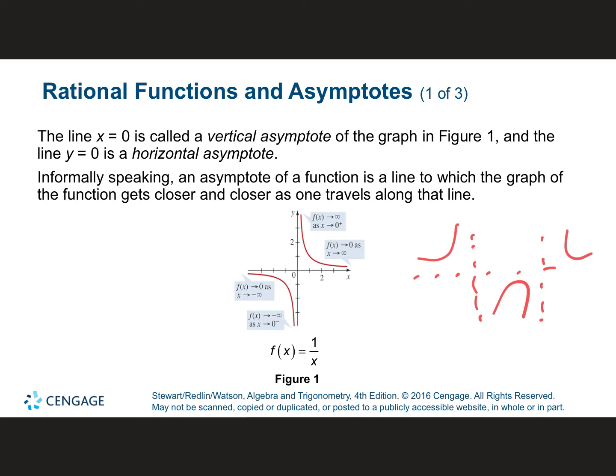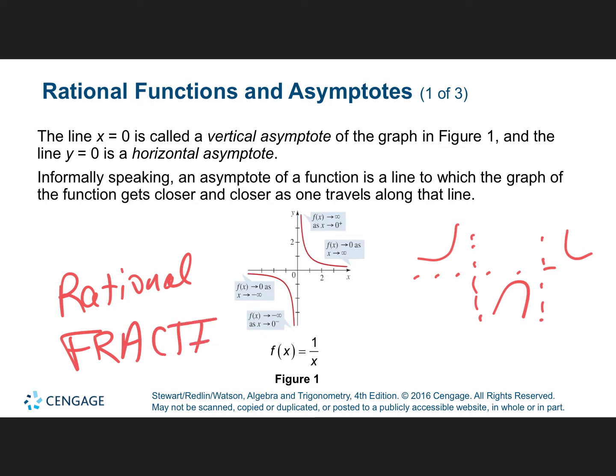It's boundaries that your graph gets close to but doesn't touch. It's where values of the function don't exist. But a rational function is just a grown-up fraction. They're fractions. It's a polynomial divided by a polynomial. That's it. They're going to look a little intimidating, but it's nothing that you guys haven't seen before.